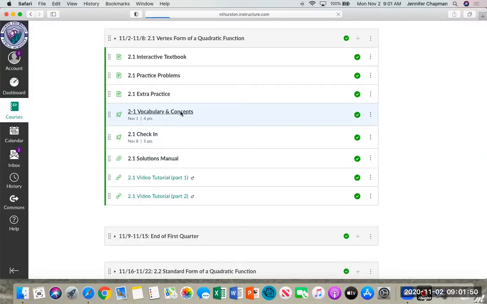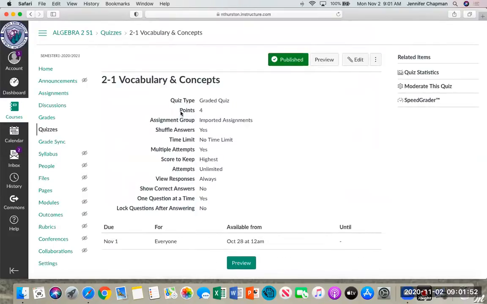So vocabulary and concepts is all about just those 2 things. They're not going to be problems that you're actually calculating and finding an answer to, like x equals 7 or something like that. These are just going to be questions about vocabulary from that lesson, or about the overall concept from that lesson, okay?